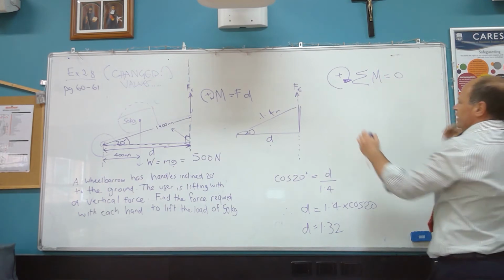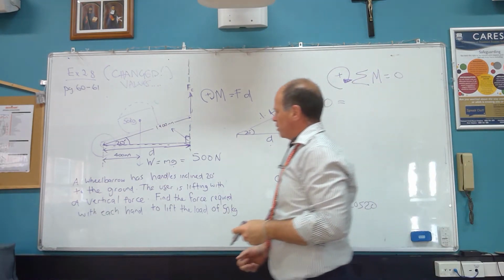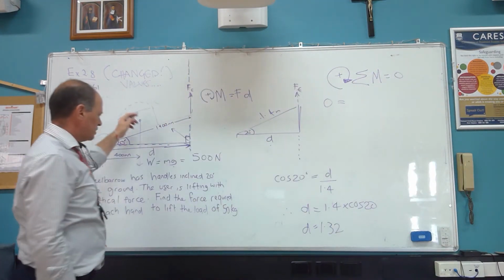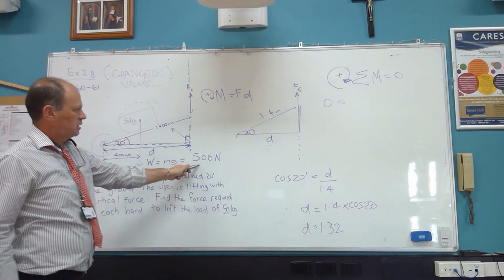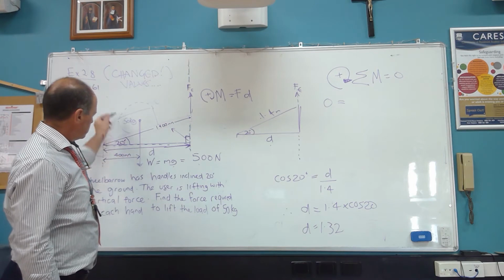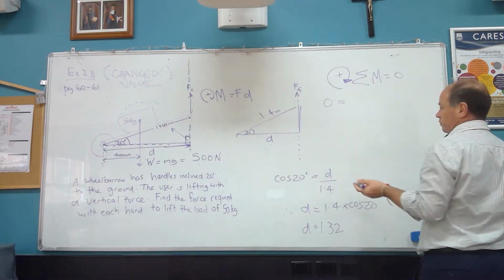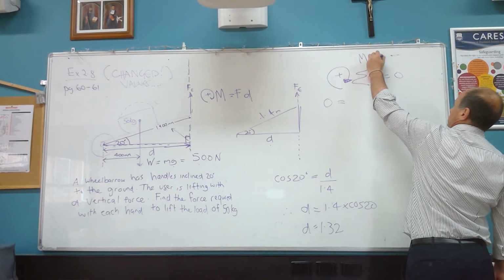Okay, so then we're going to go 0 equals, and let's add up our clockwise ones first. We have 500 newtons of the weight force pulling it clockwise. So we know that moments are equal to force by distance, so M equals FD.